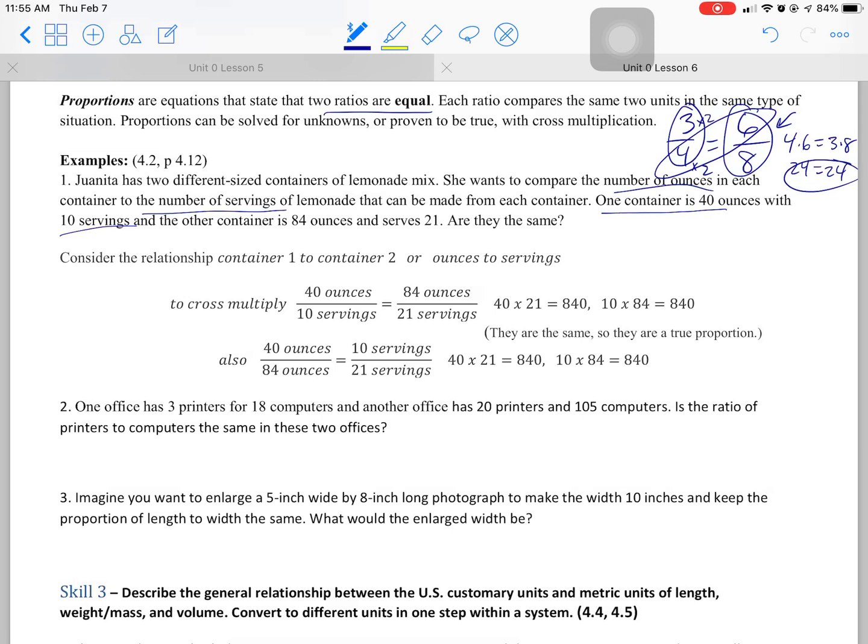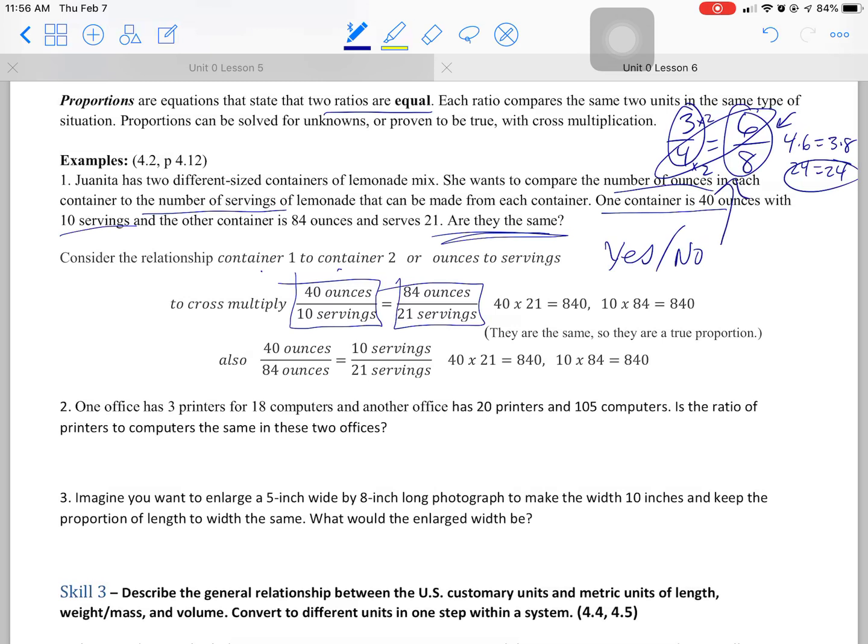So we're comparing the relationship from container 1 to container 2 and the amount of ounces or servings. So this is my setup here. That's container 1. That's container 2. Are they the same? Sometimes when you're working with proportion problems, the answer is yes or no, because they're asking if there are equivalent fractions.